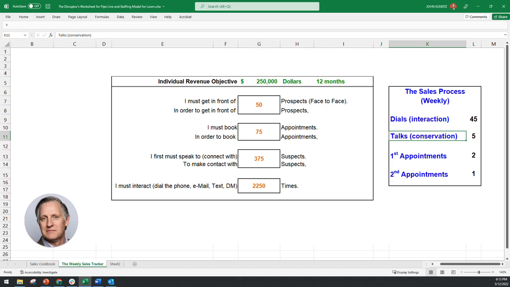Out of those 5 conversations, hopefully I can book 2 appointments, 2 first meetings, discovery calls if you will, to see if this person wants to buy what I have to sell. And then most of us aren't in the one-call close business, so we want to actually have a second appointment every week.